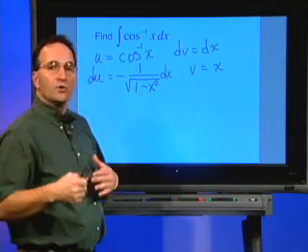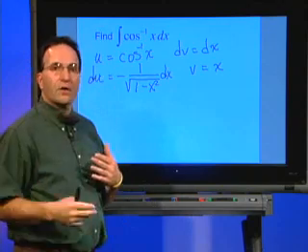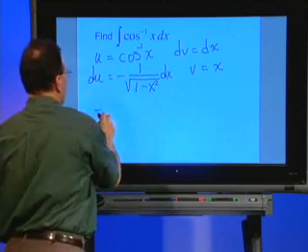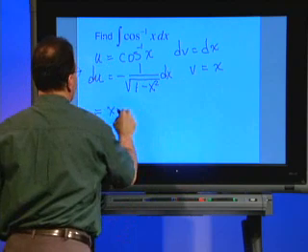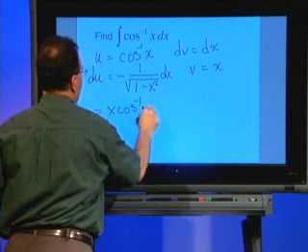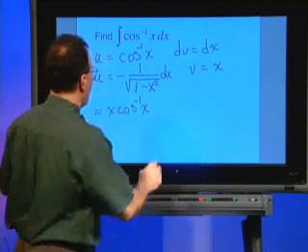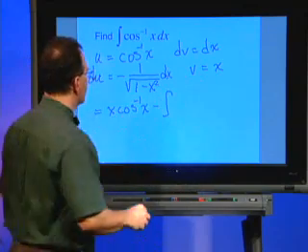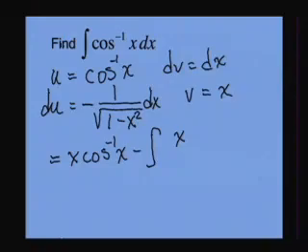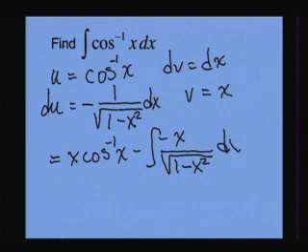So now, using the formula for integration by parts, we can say that this integral is equal to u times v. So x times arc cosine of x minus the integral of v, which is x, times du, which is negative, so I'm going to put the negative up there, 1 over the square root of 1 minus x squared dx.